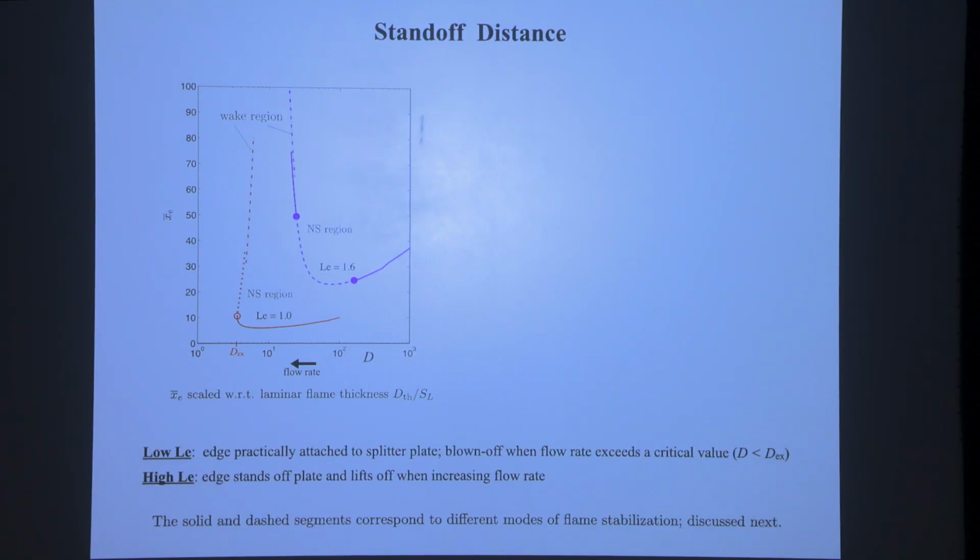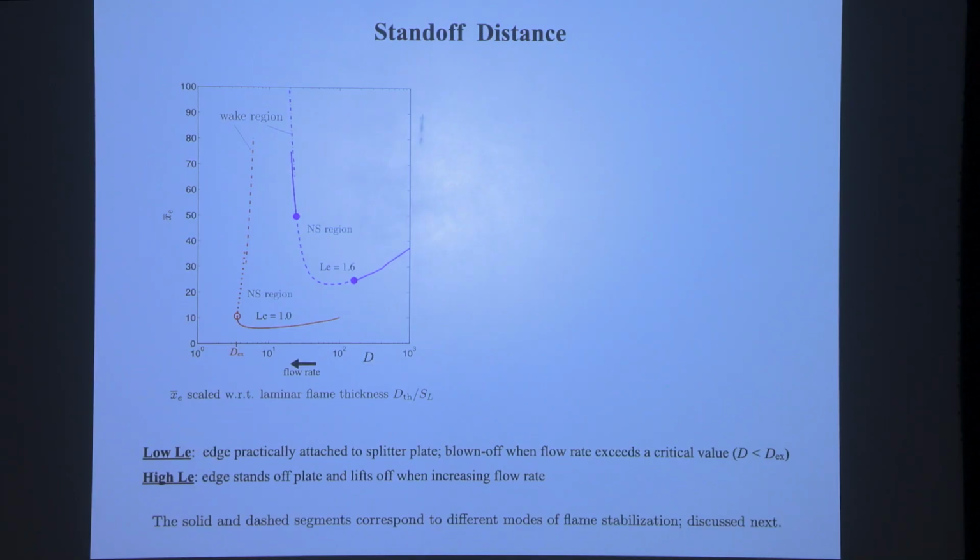The extinction here is getting blown off. When the Lewis number is sufficiently large, the edge stands off the plate and gets lifted more and more as the flow increases. Of course, it doesn't go on indefinitely. There will be a place where it gets blown off, but that is not described in this mathematical picture.